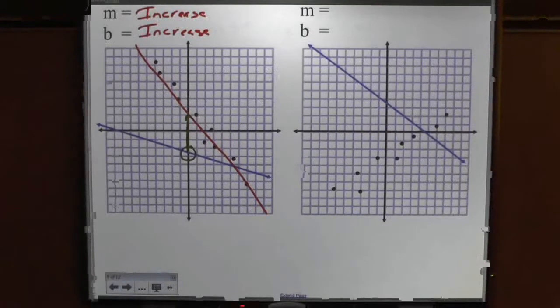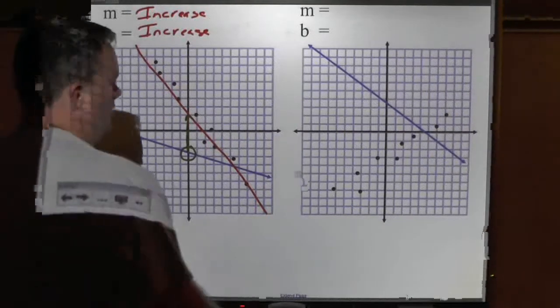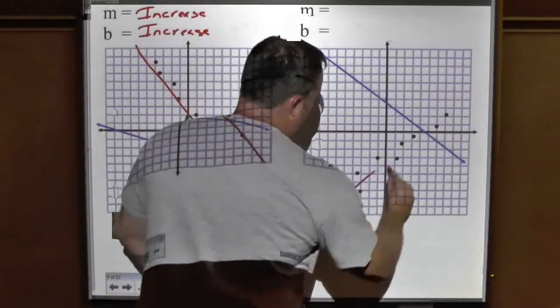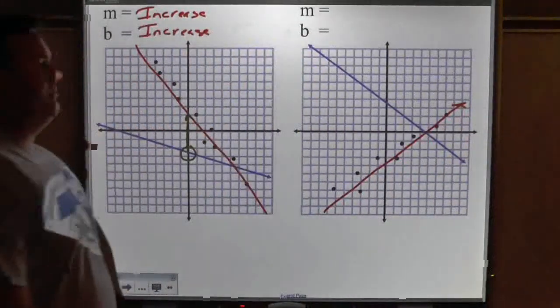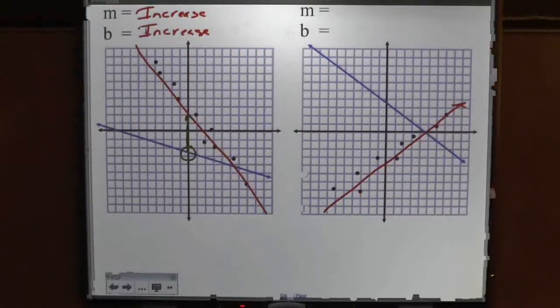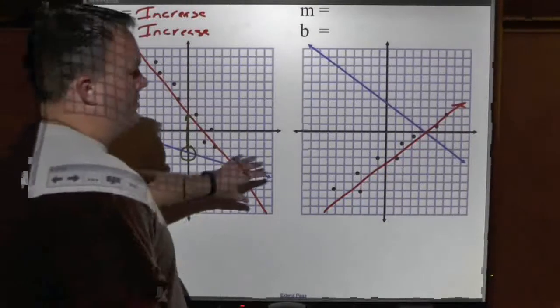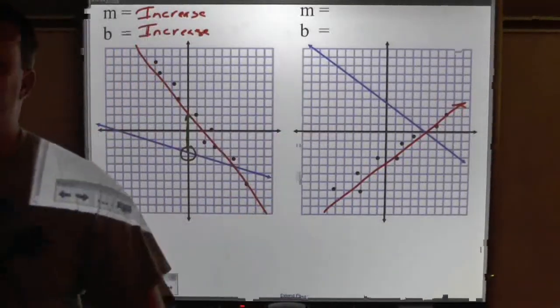All right. Last one. This line does not represent these points. I believe that is a much better representation of those points. Now, this one's a little tougher. When you look at the slope, the actual steepness of both of these lines is very similar.